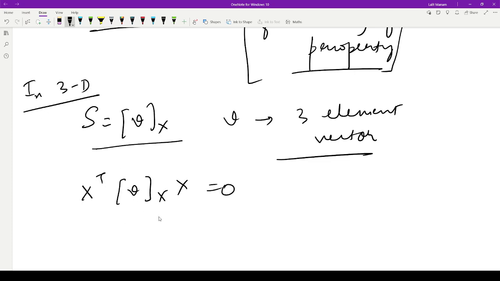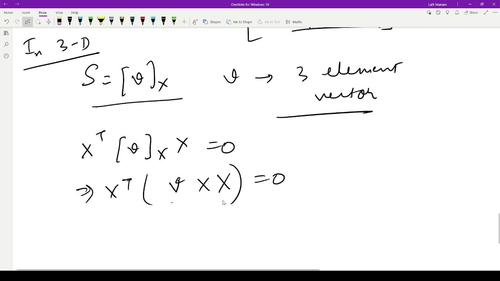This holds, right? So what does V cross mean? We are just trying to take a cross product. First we take the cross product of V with x, and then we multiply this with x, taking a dot product. So what kind of product is this?